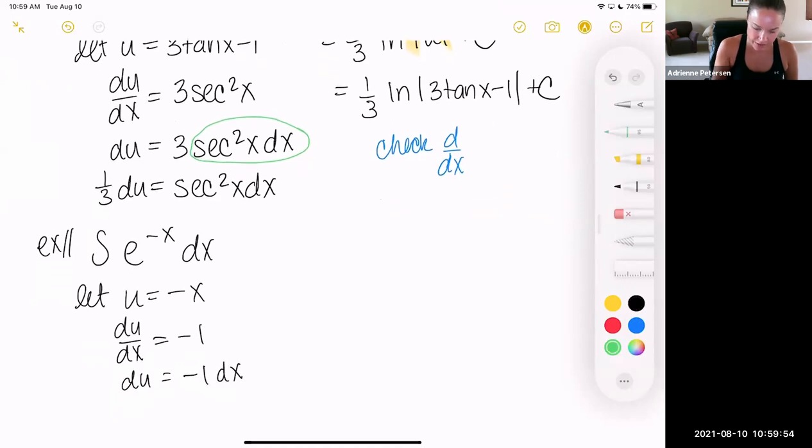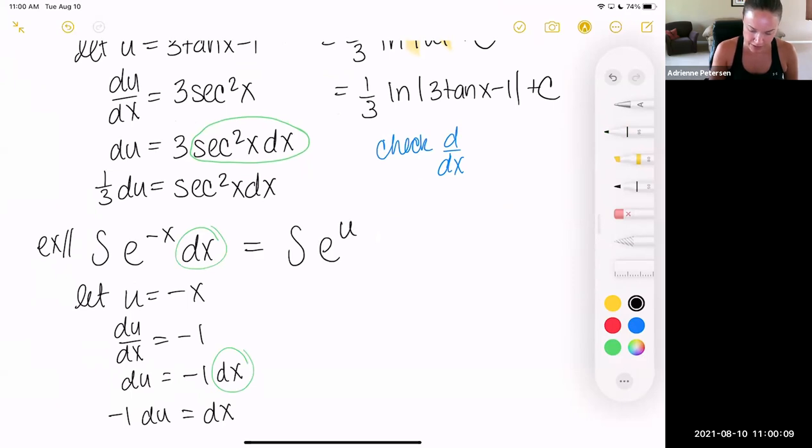And our goal here is to solve for what we have in the integral, which is only a dx. And so I multiply or divide both sides by -1. So I get -1 du is equal to dx. So dx is equal to -1 du. I'll go ahead and just move that -1 out to the front of our integral. We know that the integral of e to the u is just e to the u.